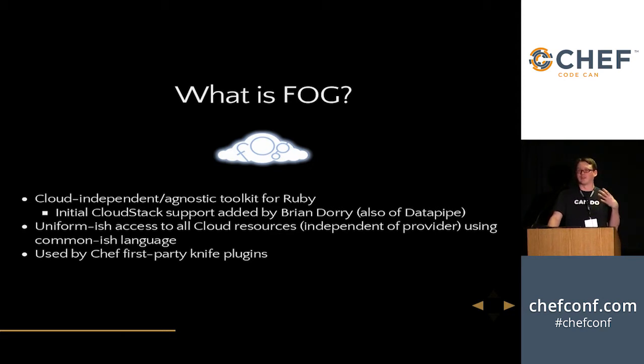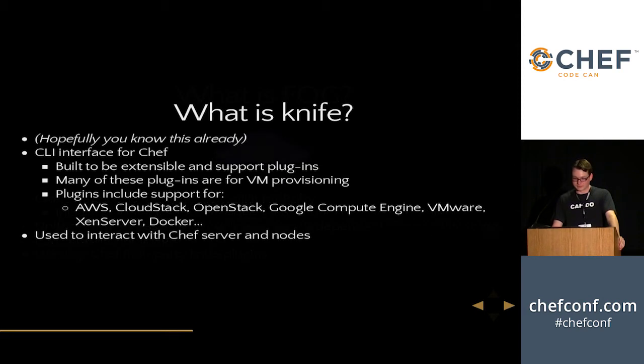So theoretically, if you build a Fog connector to a cloud, you should be able to provision a virtual machine using the same semantics, whether that Fog connection is to an AWS cloud or a CloudStack cloud or an OpenStack cloud or Google Compute Engine or whatever else. In reality, because not all APIs are made equally, there are some differences, which is why it's uniform-ish. And again, Fog is used by all of the first-party Knife plugins that interact with clouds.